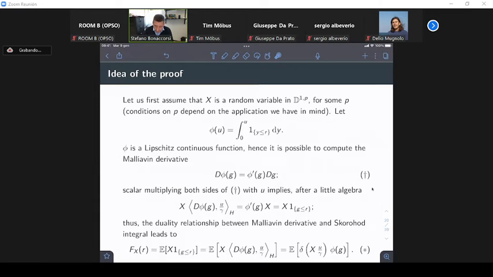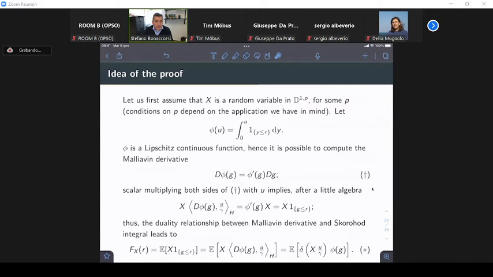So this formula holds for our f that is defined above. And then we can scalar multiply with u and then use the integration by parts formula and some other modifications. And so starting from this formula, we get this other equality.